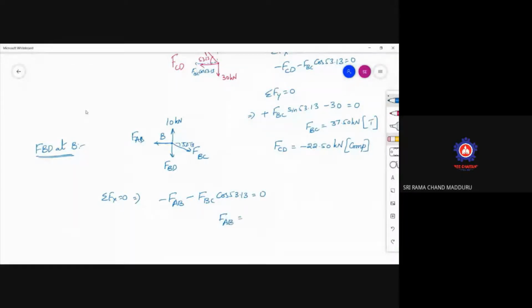So what is the value of FAB? FAB is 22.5 kilonewtons tension. Now sigma Fy equal to 0: plus 10 minus FBD minus FBC sin 53.13 equal to 0. We get the FBD value, which is minus 20 kilonewtons.